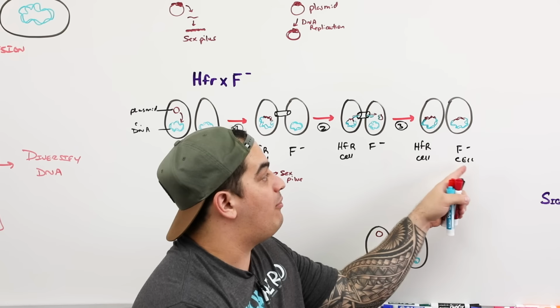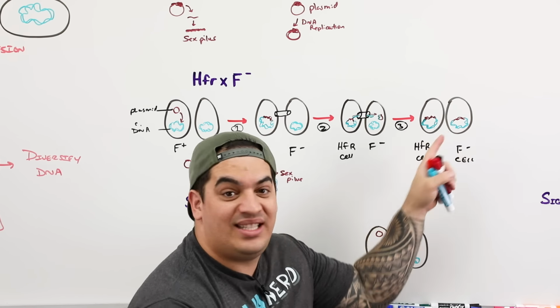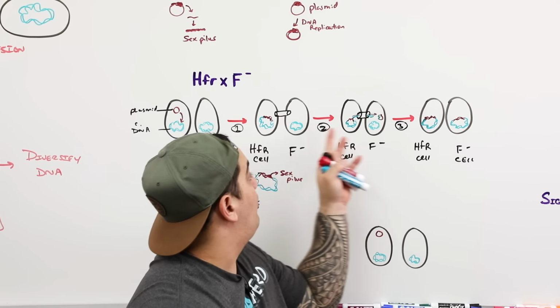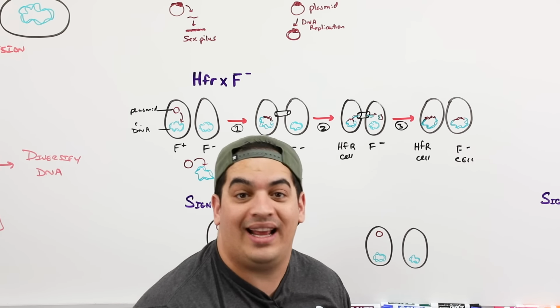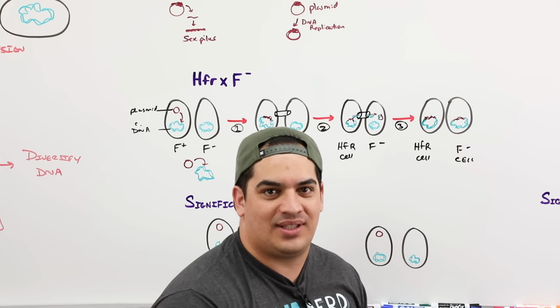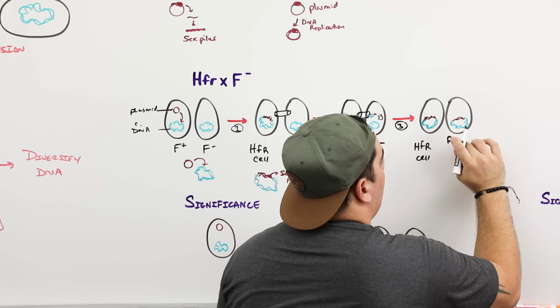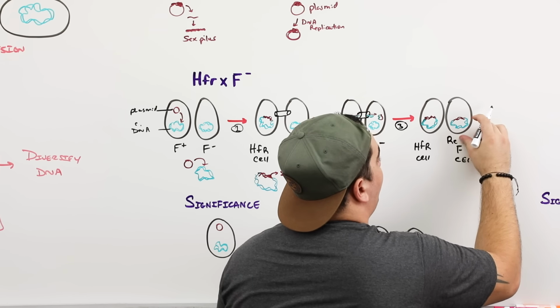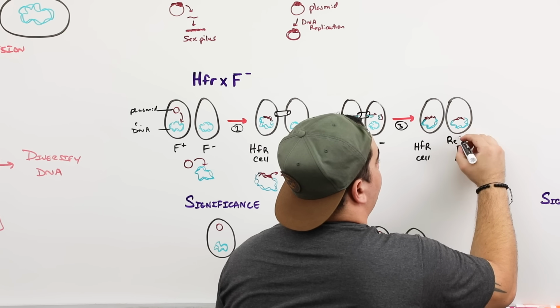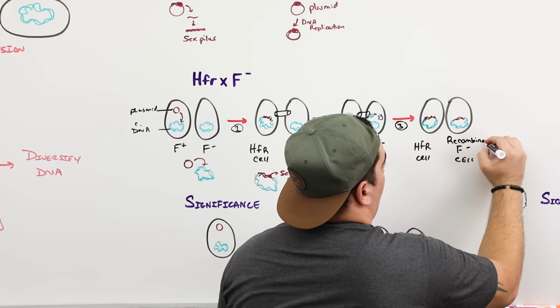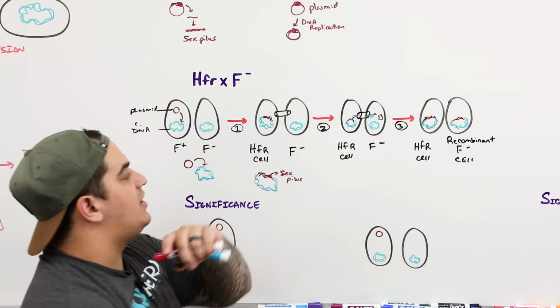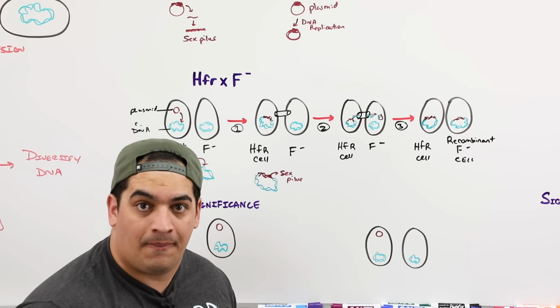So it is an F- cell, but it has some differences in its DNA from previously. It underwent recombination, but not high frequency. So we call this a recombinant F- cell. That is another example of the conjugation process.